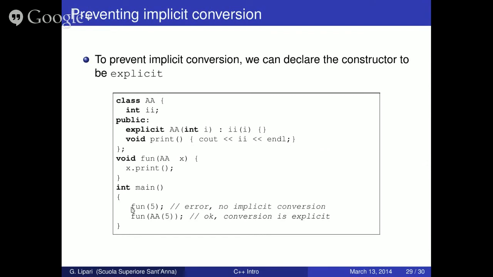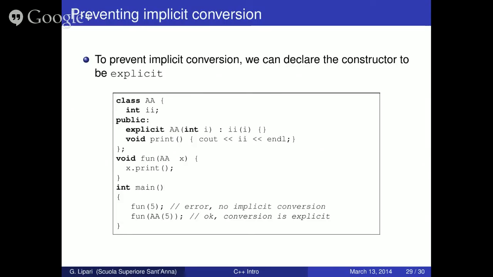So for example, in the main now, if you call fun of 5, this will give you an error. However, if you call fun of AA of 5, then this is okay, because you explicitly converted the 5 into AA. Okay? Of course, the first one is probably an error. The second one is not an error. You want to do that, and so it's okay.